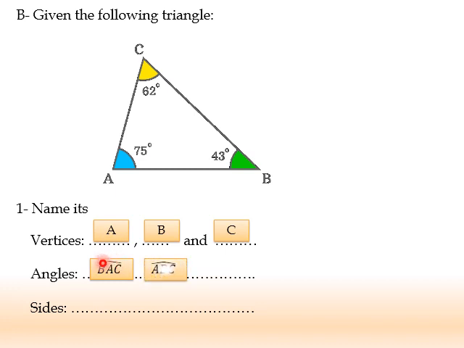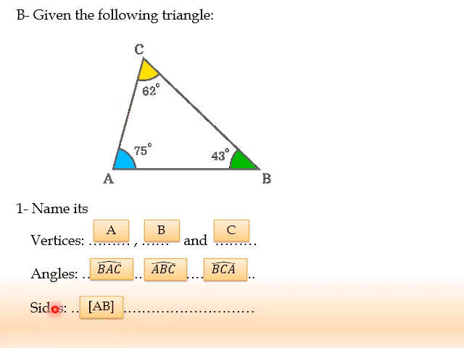The second angle, if we take into consideration vertex B, is ABC or CBA. Then the third angle, which is BCA or ACB. This angle here with vertex C, from one side we reach point B and the other side we reach point A. So I can name it angle BCA.